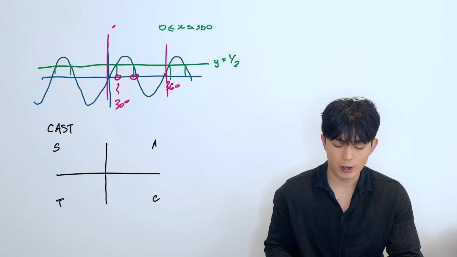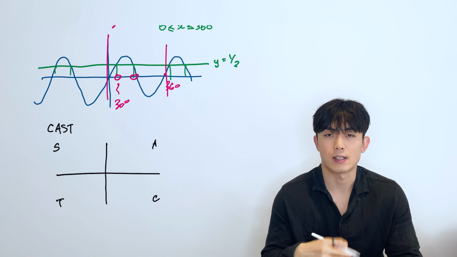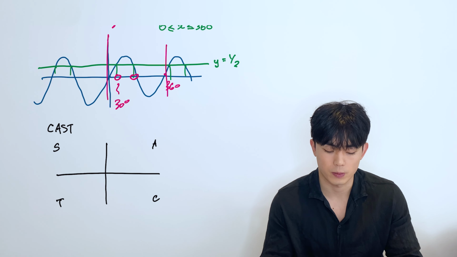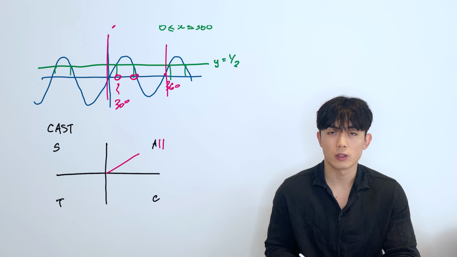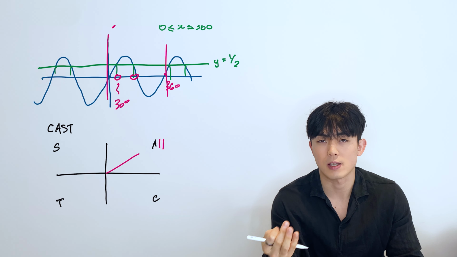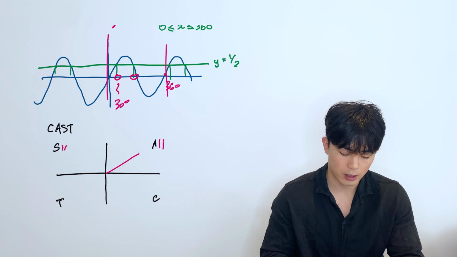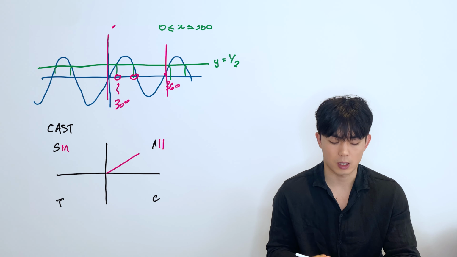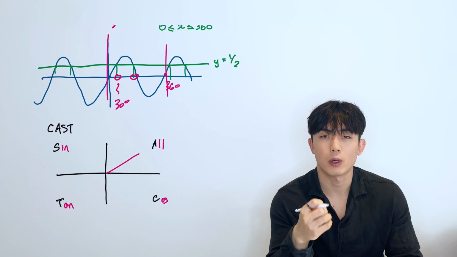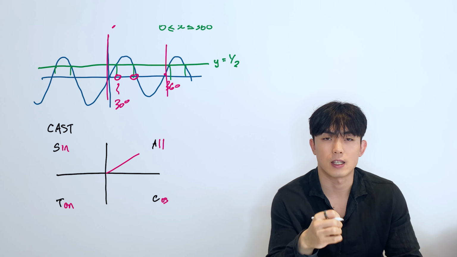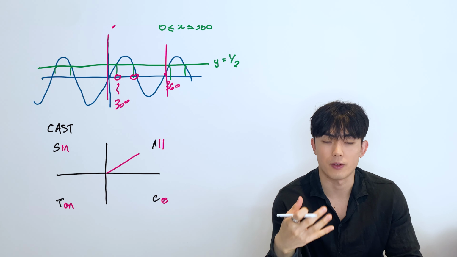You're going to draw 2 lines in 2 of these quadrants depending upon the question. A stands for all the trig terms, sine, cos, tan, being positive. This quadrant is where only the sine terms are positive, T stands for tan, and C stands for cos. Depending upon which quadrants the lines are in, it determines which trig function is positive.